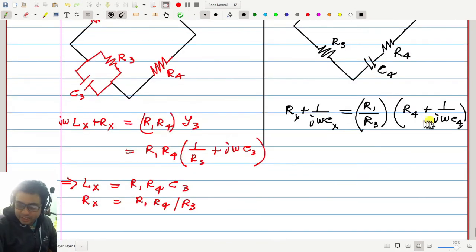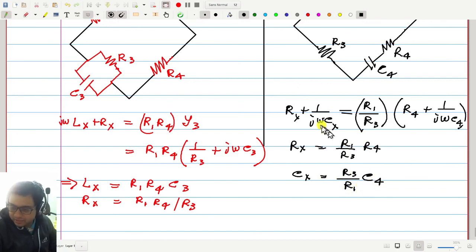Now you equate real to real, imaginary to imaginary, so you get Rx equal to R1, R3, R4, and Cx will be R3 by R1 C4.